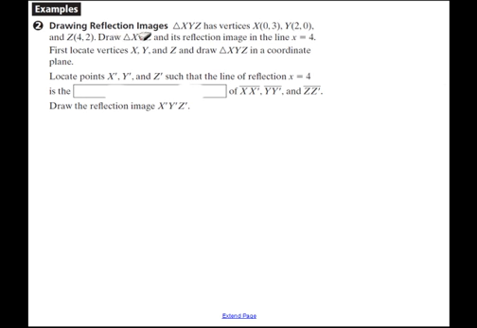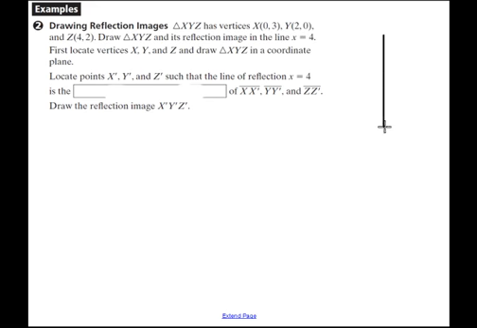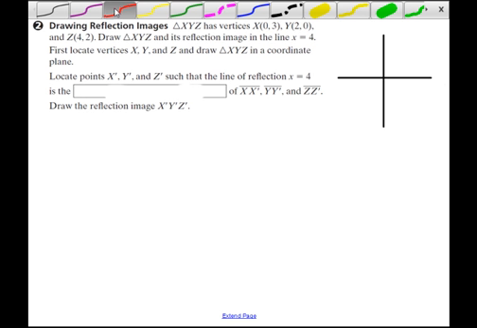Here they say drawing reflection images if you start with a triangle XYZ and they give you vertices. So this is probably one that you're going to want to throw some axes up here. You can put a little x and y axis up here. So they give you some values here.